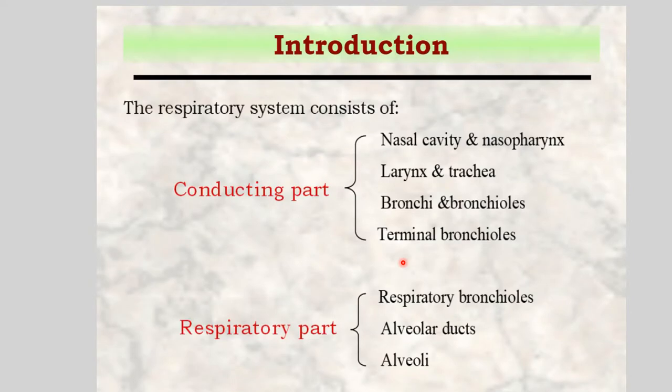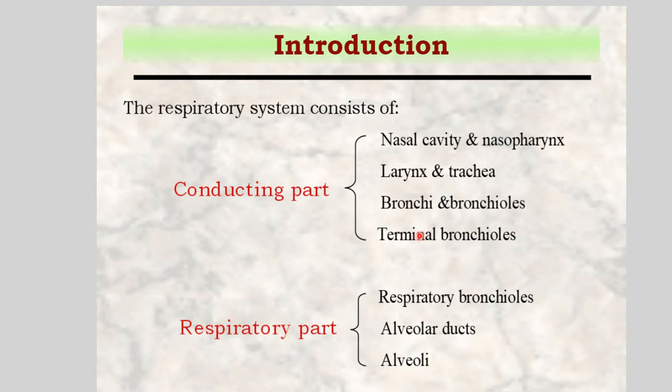So the respiratory system consists of a conducting part and a respiratory part. The conducting part consists of the nasal cavity, nasopharynx, larynx, trachea, bronchi, bronchioles, and up to the terminal bronchiole.